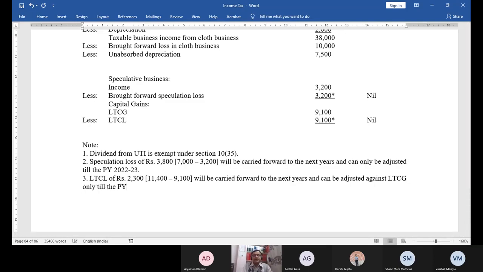Now in this case we have 8 years. So my 8 years will end in 2026-27. You can start counting. And the short term capital loss could not be adjusted at all, of rupees how much? 4,200.